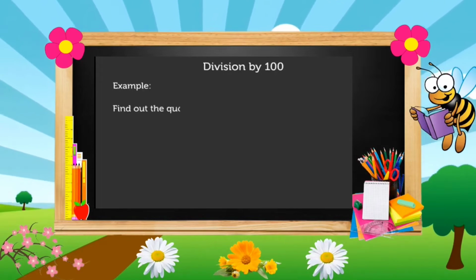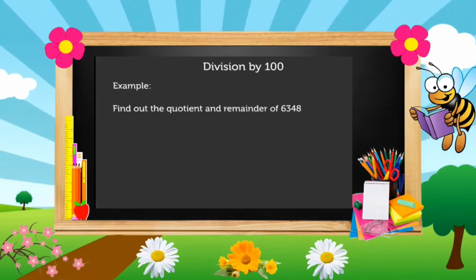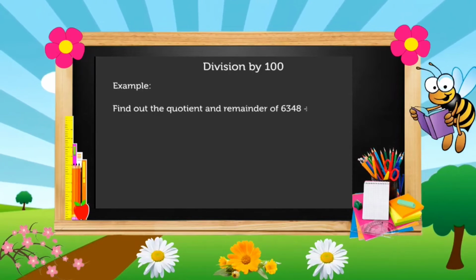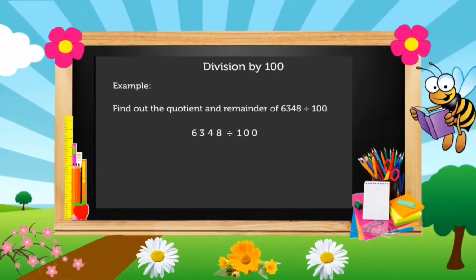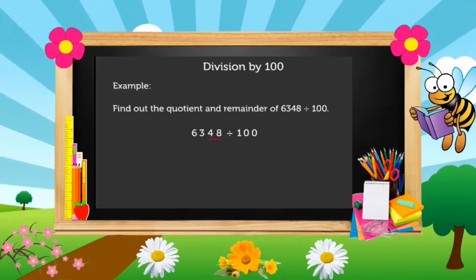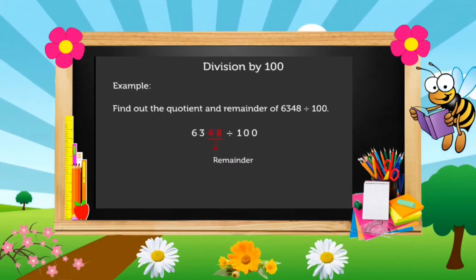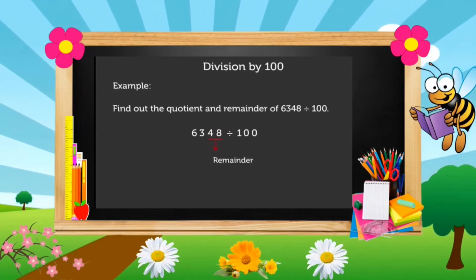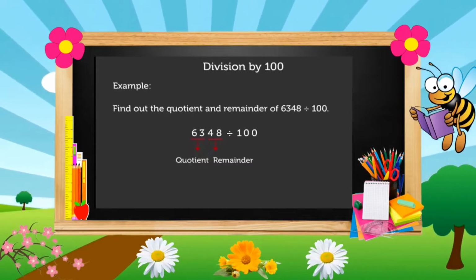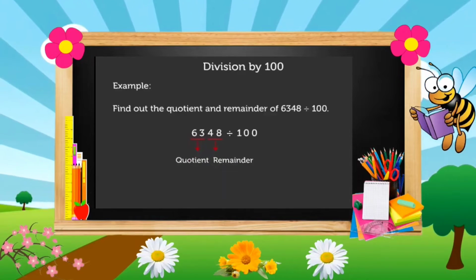Find out the quotient and remainder of 6,348 divided by 100. We know that the digits in the ones and tens place of the dividend form the remainder. Thus, here 48 is the remainder. Now the remaining digits form the quotient. Thus, here 63 is the quotient.